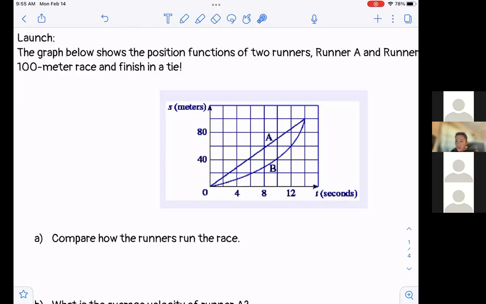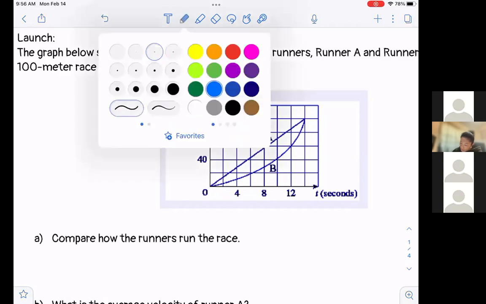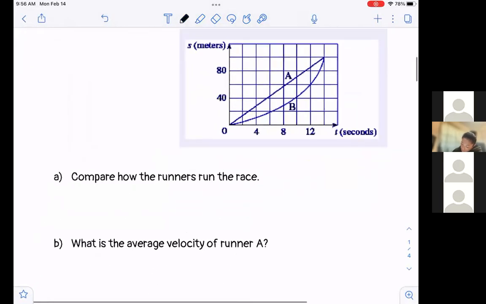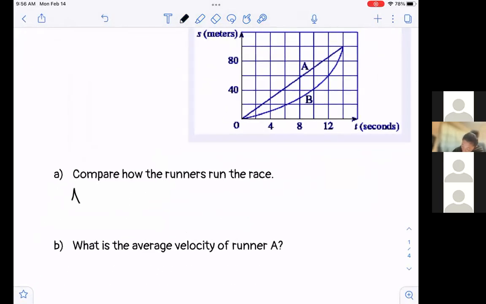A is a constant speed and B is changing their speed. Runner A has a consistent speed. Great. So let's write down some of these thoughts. Runner A is constant speed, or constant rate.